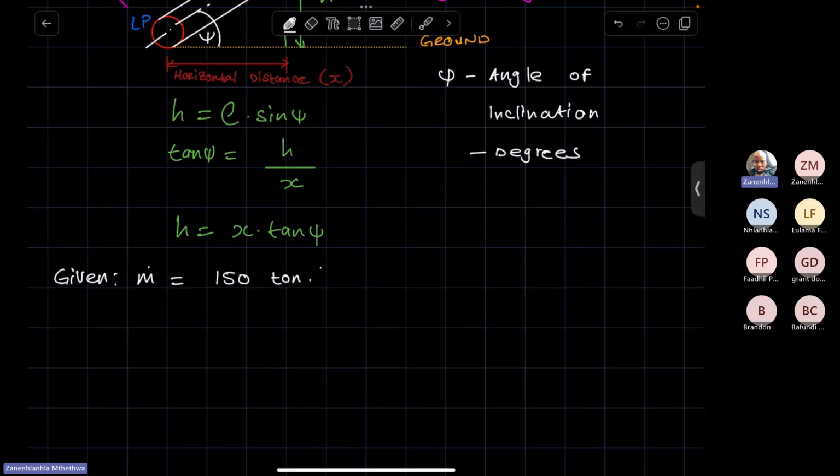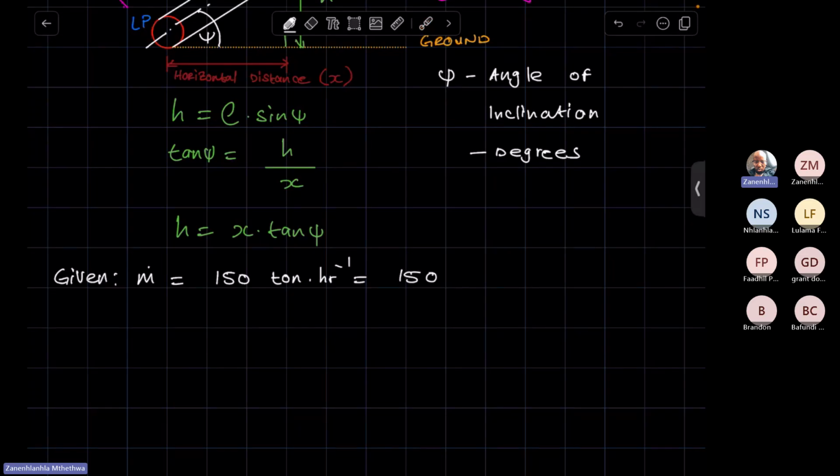This you have to convert from tons per hour to kilograms per second. To convert from tons to kilograms, you multiply by 1,000, and to convert from hour to seconds, you multiply by 3,600.